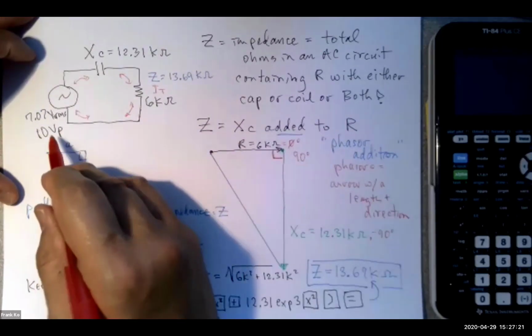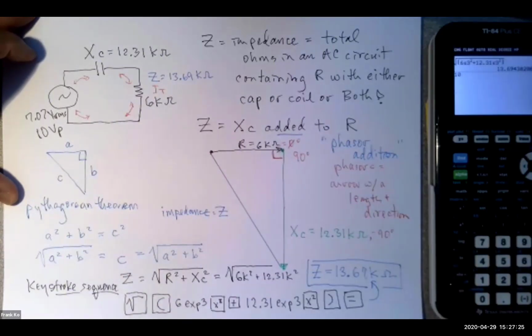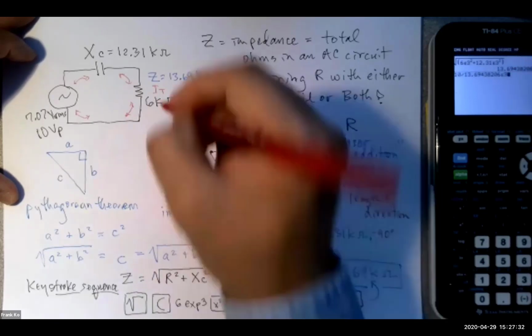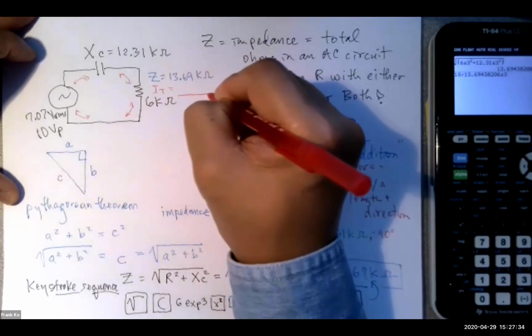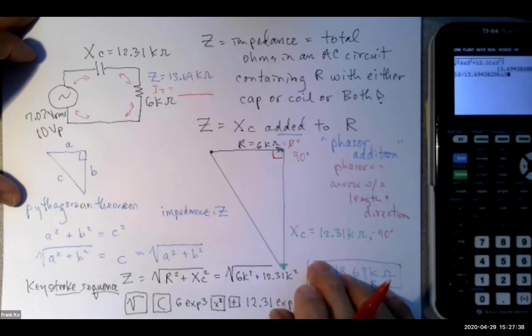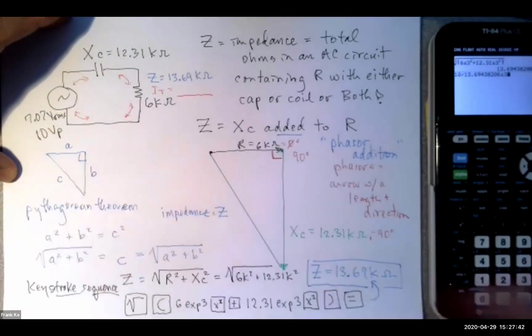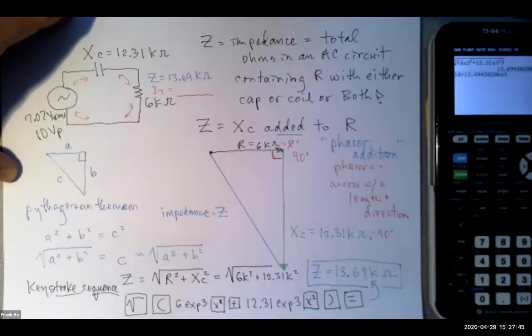If I take my 10 volts peak and divide by your 13.69 kilo ohms, I generate a current, and it will be a peak current, some amps or milliamps or microamps, whatever it works out to be, because I'm using 10 volts peak. So please do that calculation. Take 10 volts peak and divide by your 13.69 kilo.